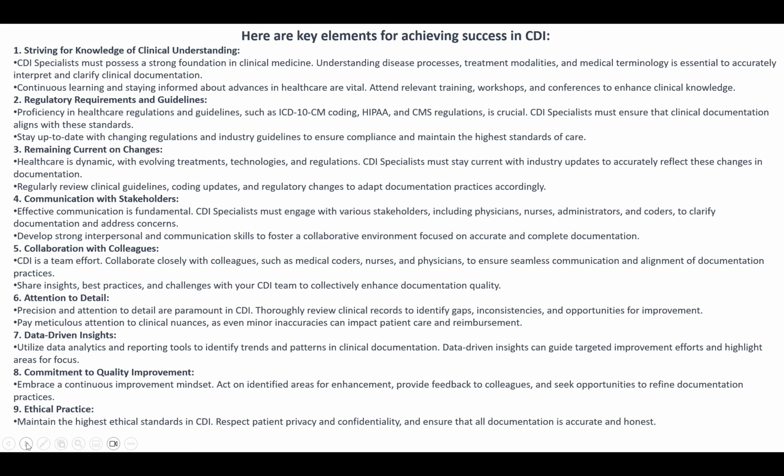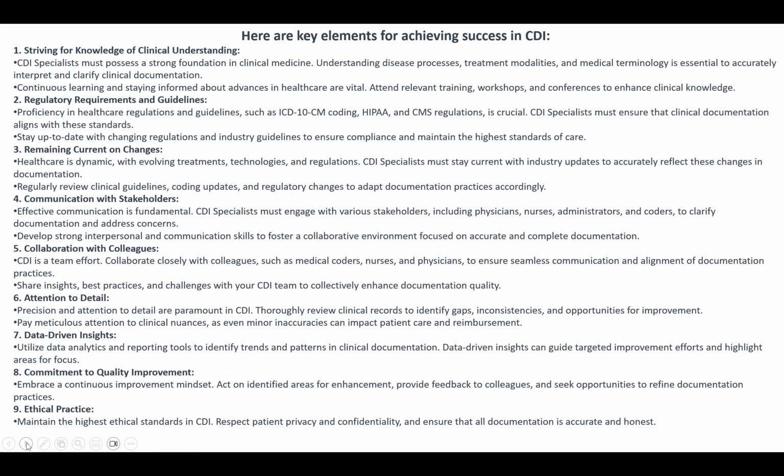So, a CDI specialist is a collaborator, okay? The ringleader of sorts, okay? Attention to detail, absolutely critical, okay? CDIs must be meticulous to whatever comes their way, and it can be such a spectrum of different things, from one record to another.